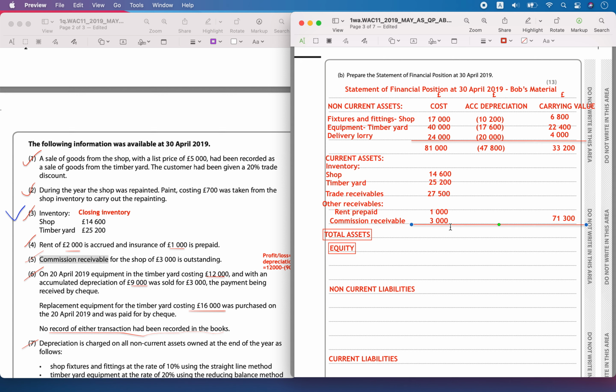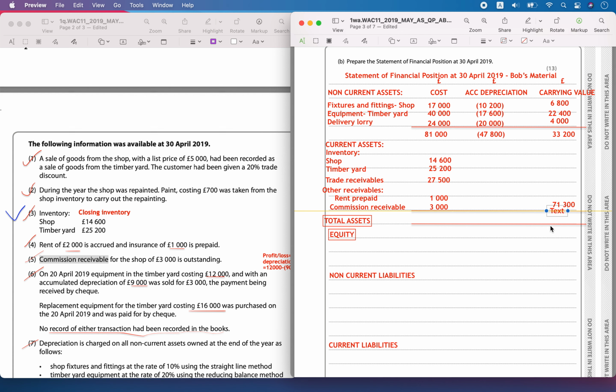Now let's add up the total asset value, which is going to be equal to 33,200 plus 71,300, that is 104,500.